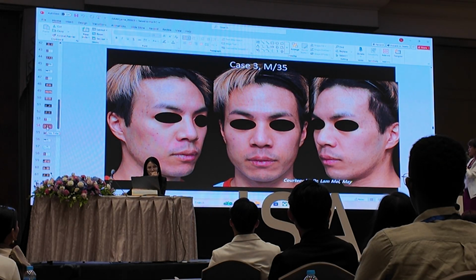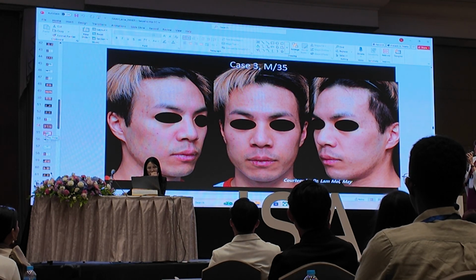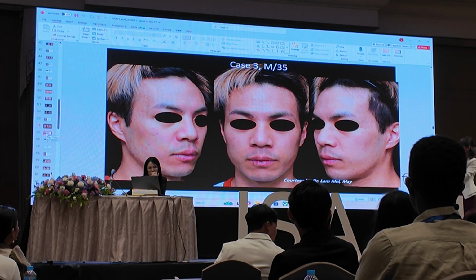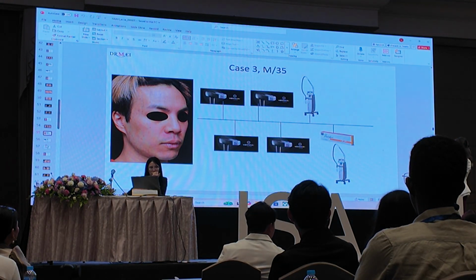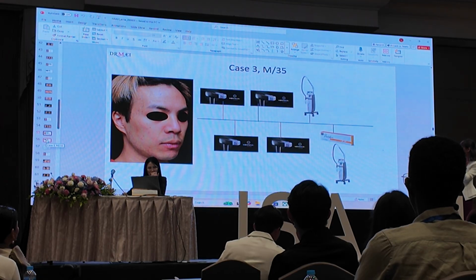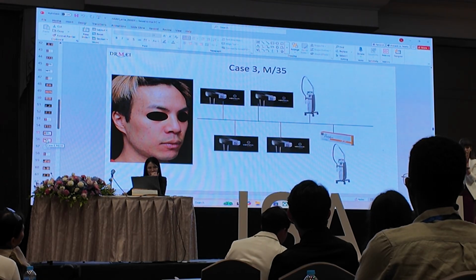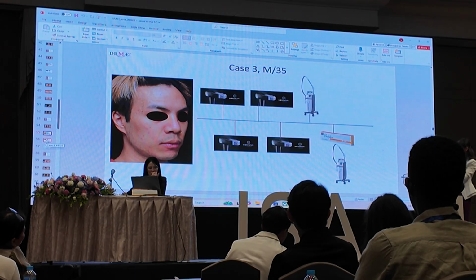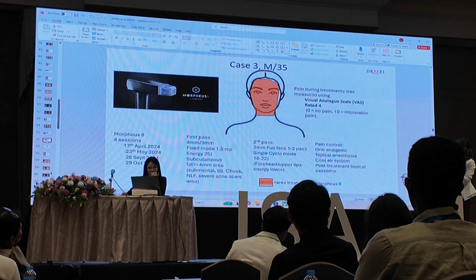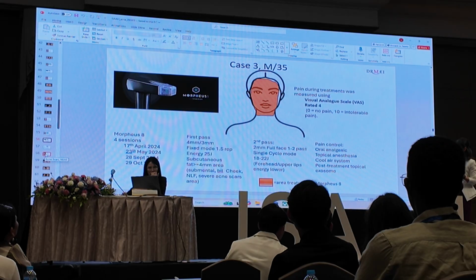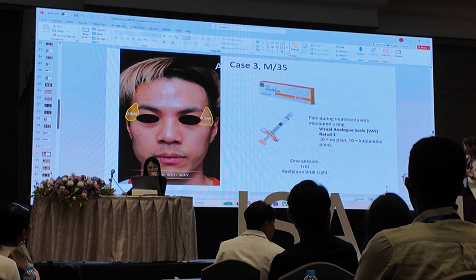And also he has some pigmentation issue, and with the erythema at the lateral cheek as well. So he received multiple sessions of microneedling RF and 2 sessions of lasers and then 1 skin booster. And then we can go to the final result.